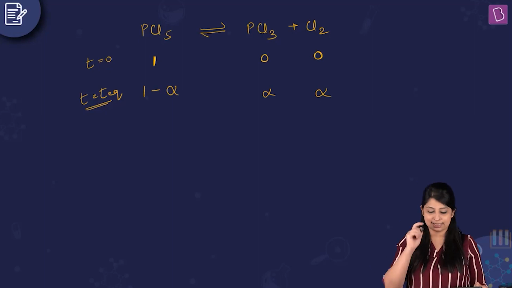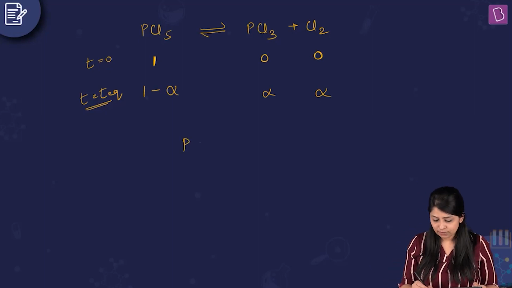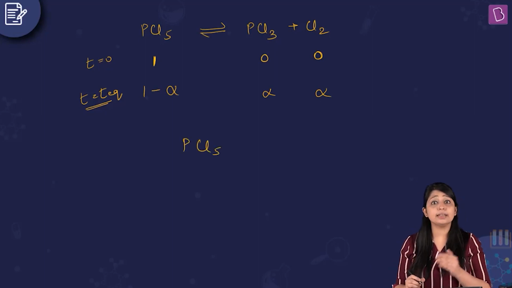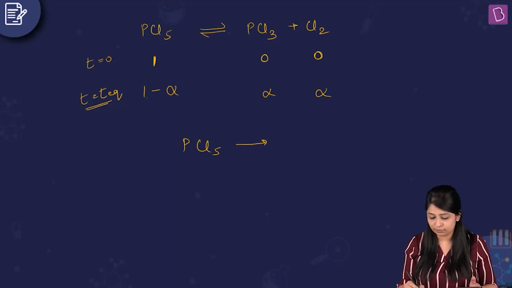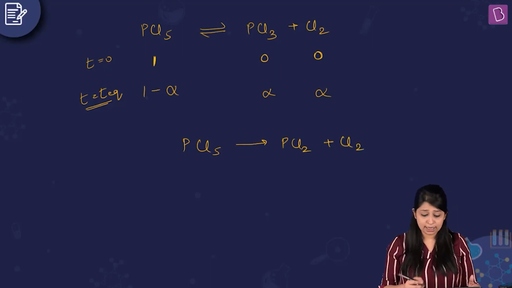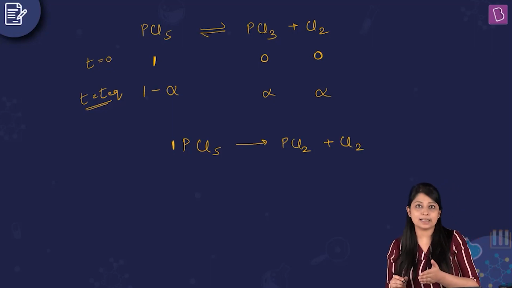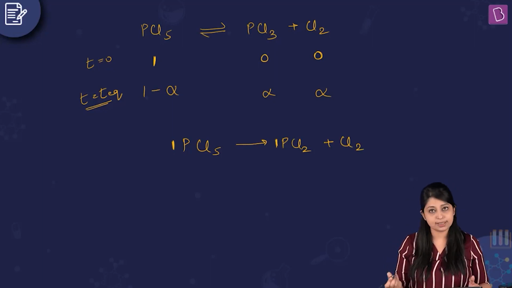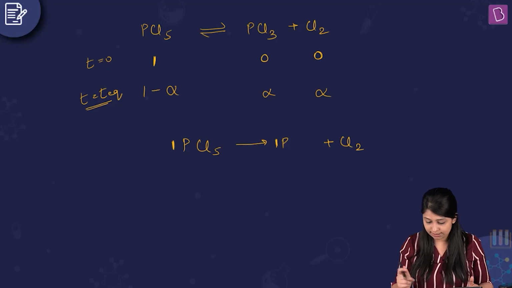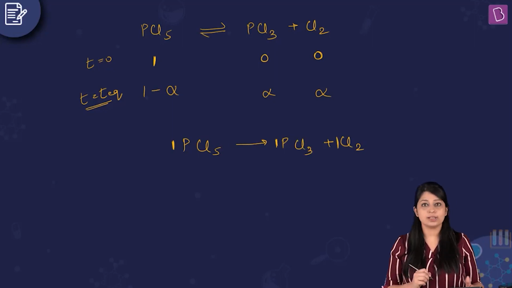How did we get this? Okay, let's see here. If it would have been an irreversible reaction, PCl5 would have dissociated into PCl3 and Cl2, right? So that would mean 1 mole of PCl5 would completely dissociate into 1 mole of PCl3 and 1 mole of Cl2.